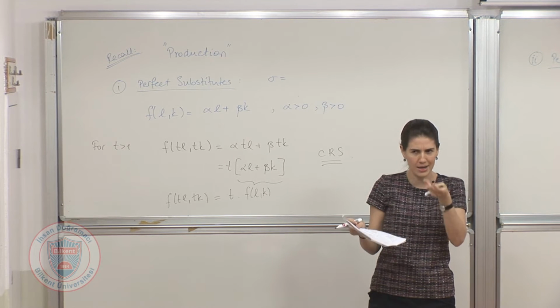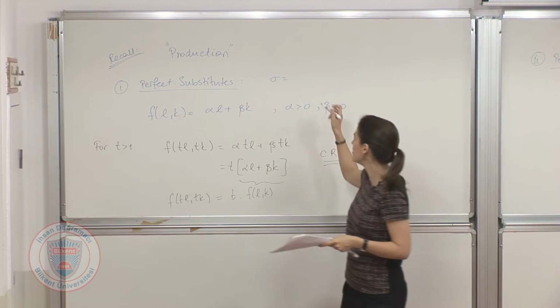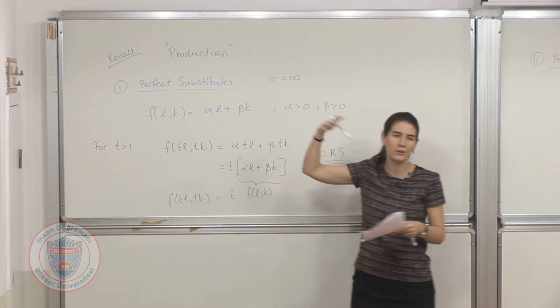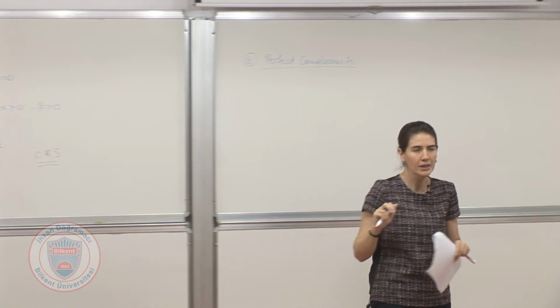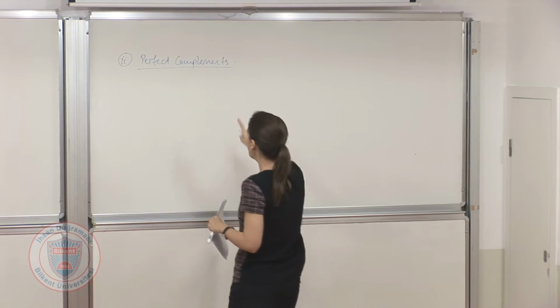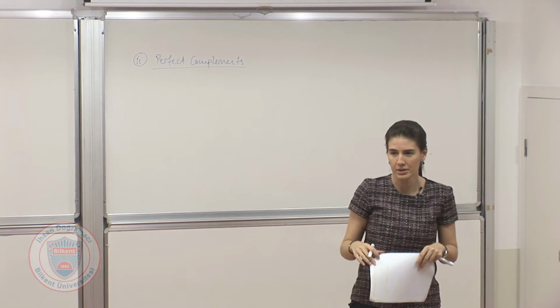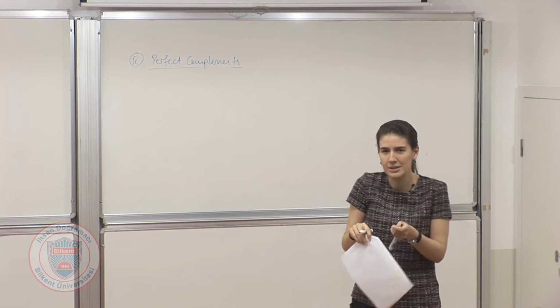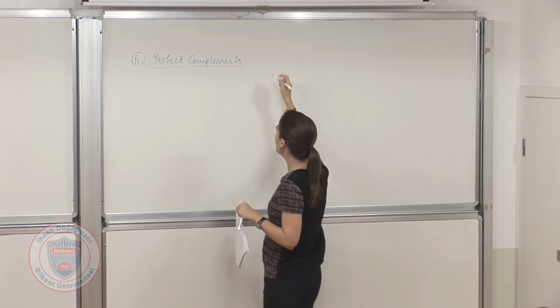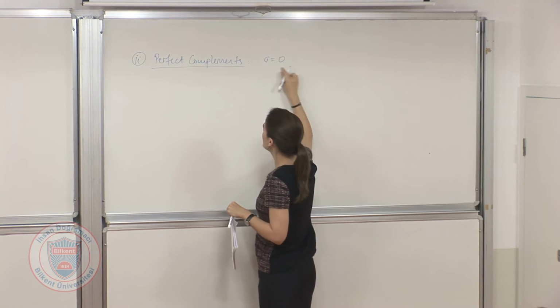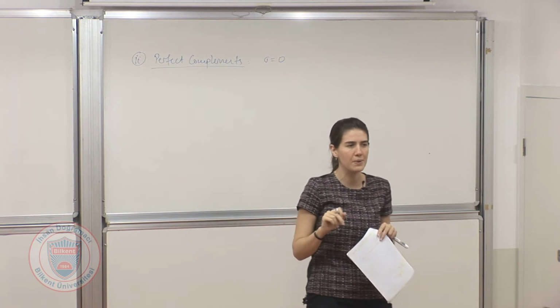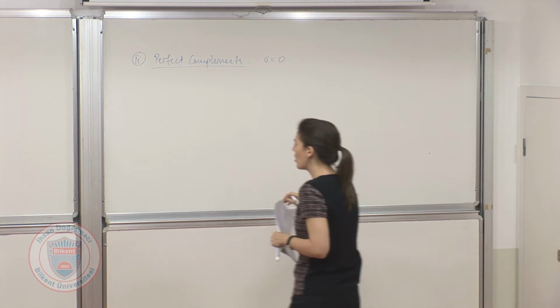So it should be as high as possible, so it was infinity. The correct way of saying it is that it goes to infinity. And for perfect complements, are they easily substitutable? No, right? They're complements. They're not substitutable at all. So in this case, remember, the elasticity of substitution was 0.